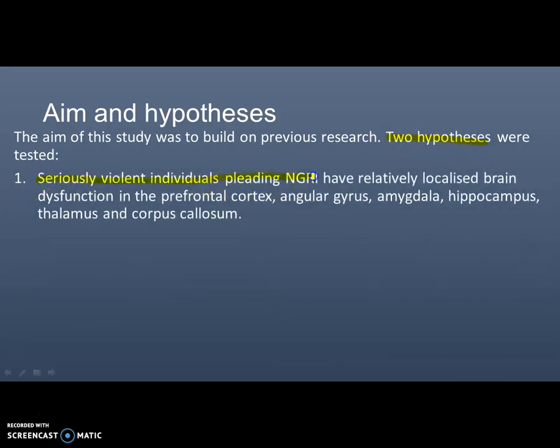Seriously violent individuals pleading NGRI will have relatively localized brain dysfunction, so particular areas of the brain is what local means. In the prefrontal cortex, angular gyrus, amygdala, hippocampus, thalamus, and corpus callosum. So again, you don't need to know particularly where they are, but remember a few of those for your exam.